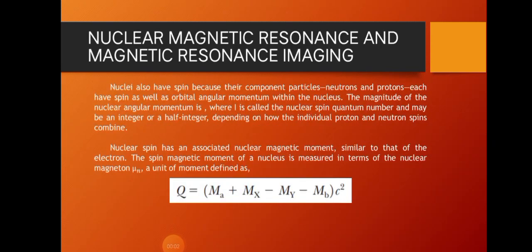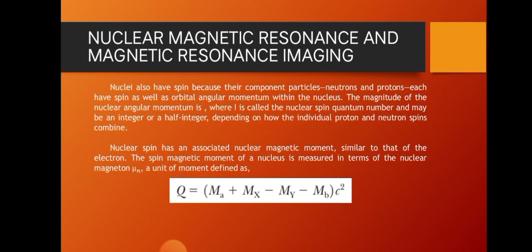Nuclear magnetic resonance and magnetic resonance imaging. Nuclei also have spin because their component particles, neutrons and protons, each have spin as well as orbital angular momentum within the nucleus. The magnitude of the nuclear angular momentum is given in terms of I, which is called the nuclear spin quantum number and may be an integer or half integer depending on how the individual proton and neutron spins combine.